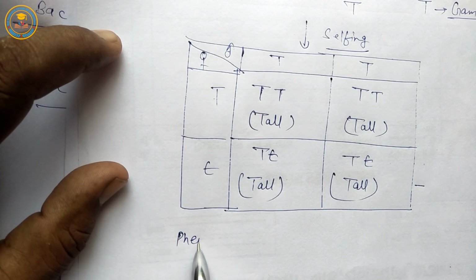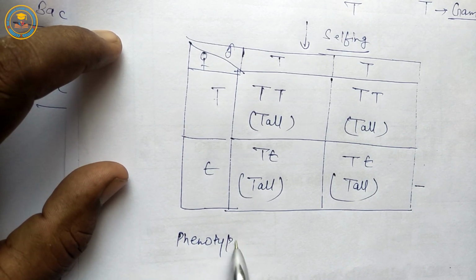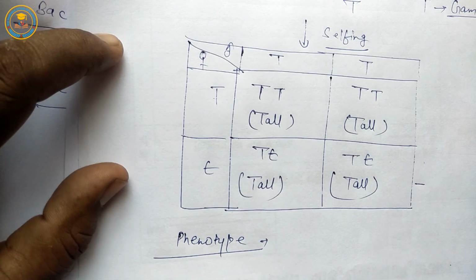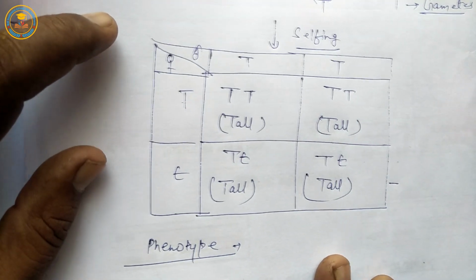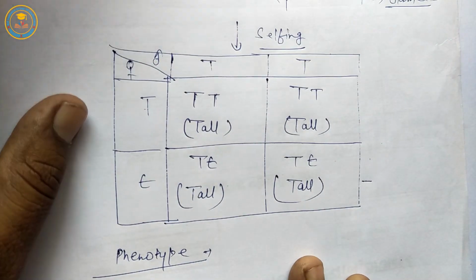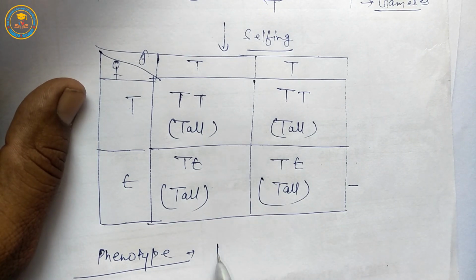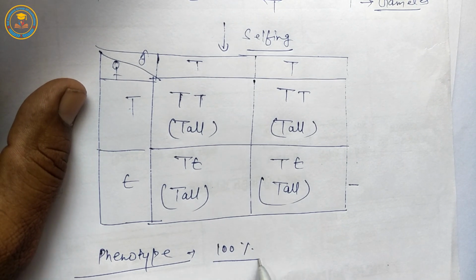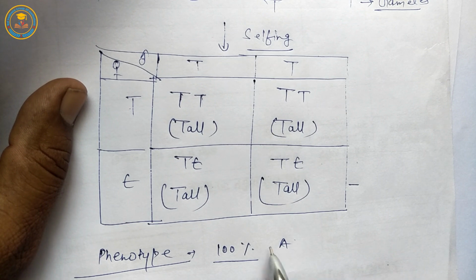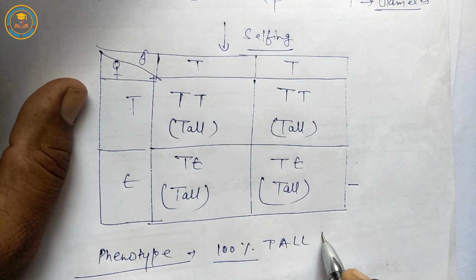Next, phenotype. Students, remember, phenotype means external appearance. 100% tall plant.